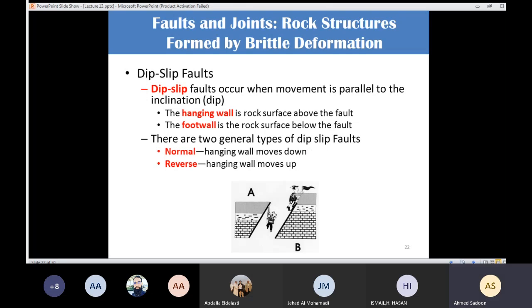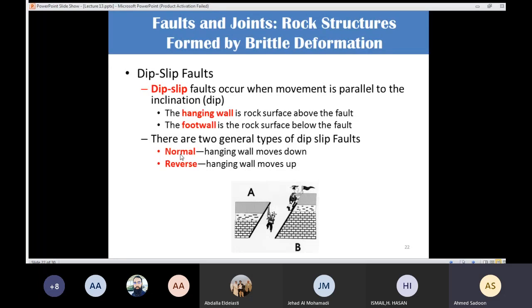So it's very important to differentiate between the hanging wall and the foot wall. And the dip slip, which is described by its dip, the direction of inclination, has two general types of dip slip fault.